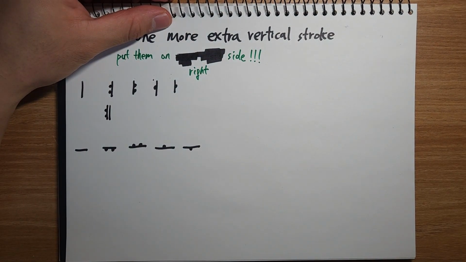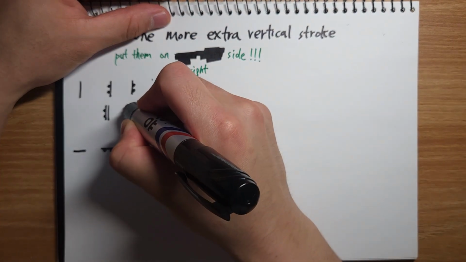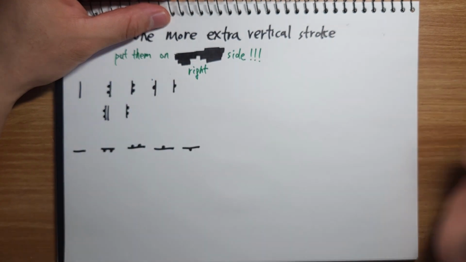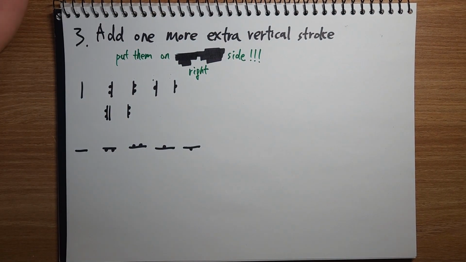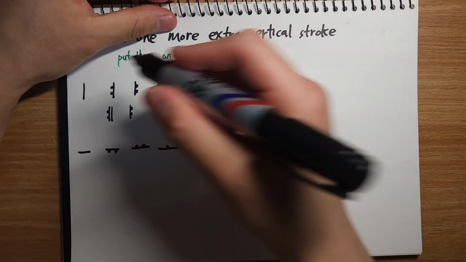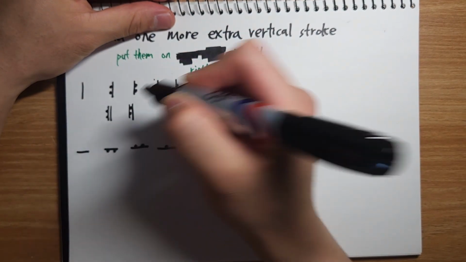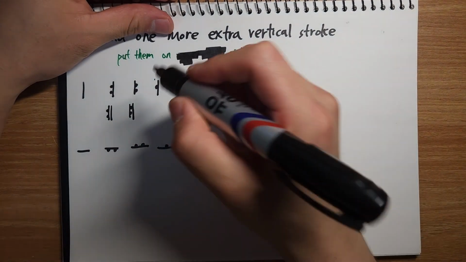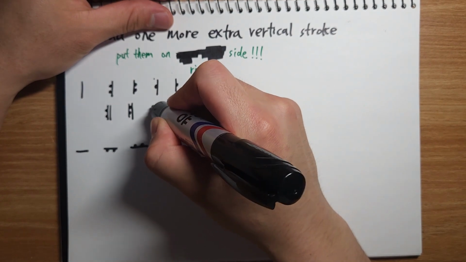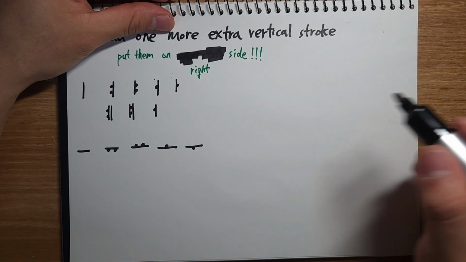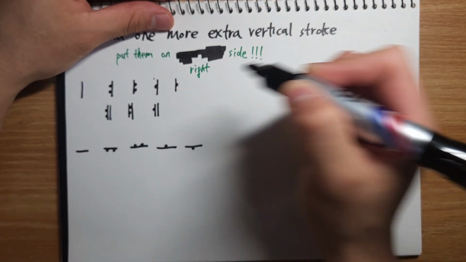So it's yeah. And from ya, we can add vertical stroke on the right side. So we can make yeah. And from o, we can make e.